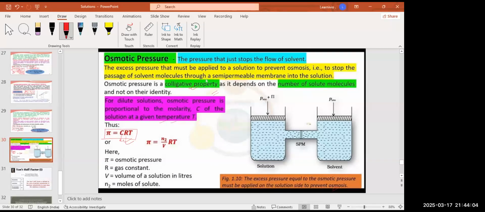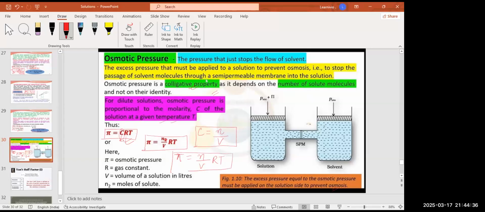And you can also write that the concentration, molarity, is the number of moles of solute upon volume of solution in liters, right? So you can substitute this value in this equation and you will get pi equals n upon V into RT.